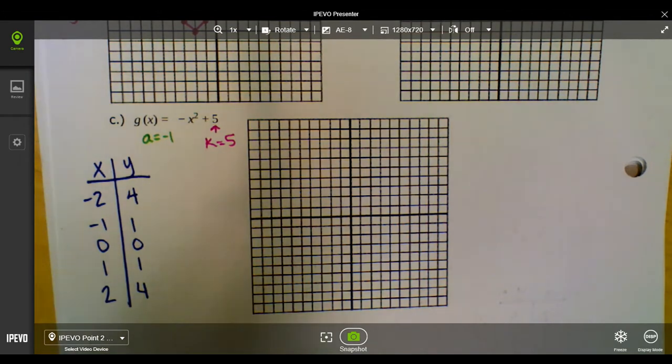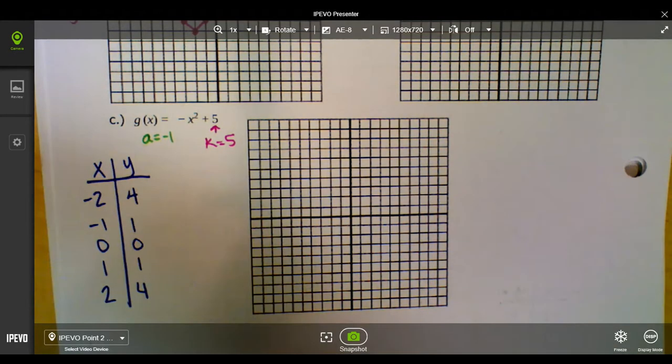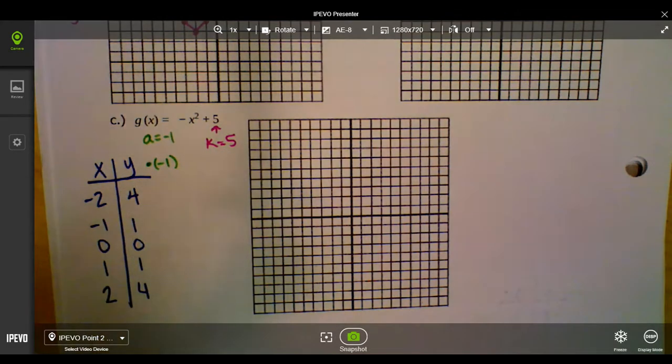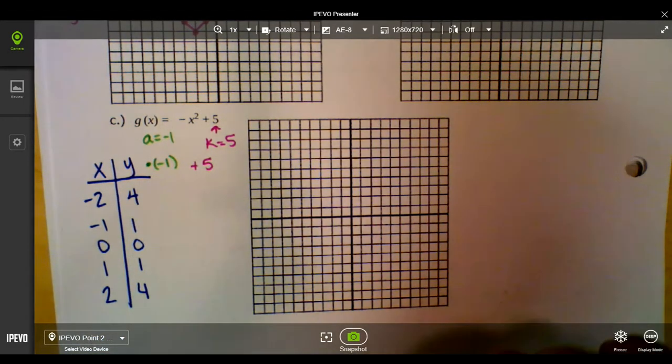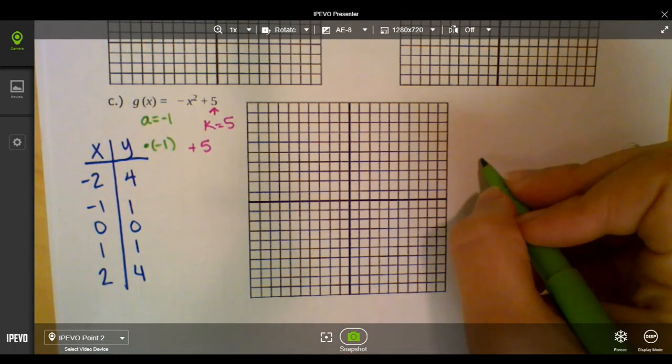But now you have to ask yourself, which one should I do first? Should I multiply by -1 first or add the 5? And it's just like order of operations. The first thing you're going to do is multiply by that -1. Then you can go in and add the 5. So what should be happening over here? What should be happening?